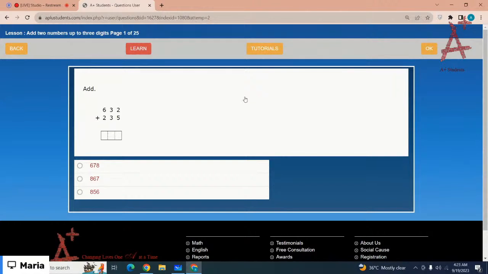When you add them together, they make 867, right? The second option is the correct one, 867.